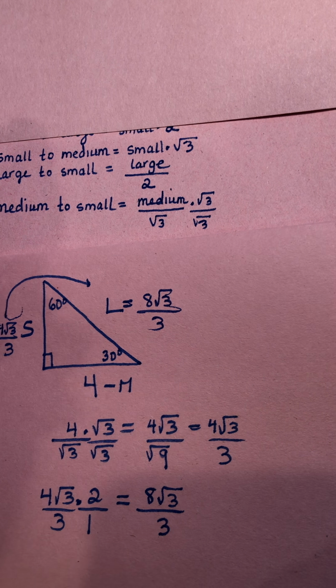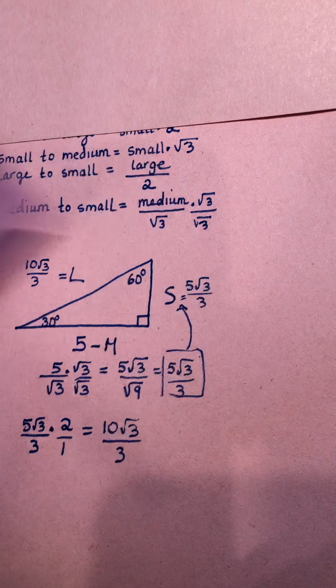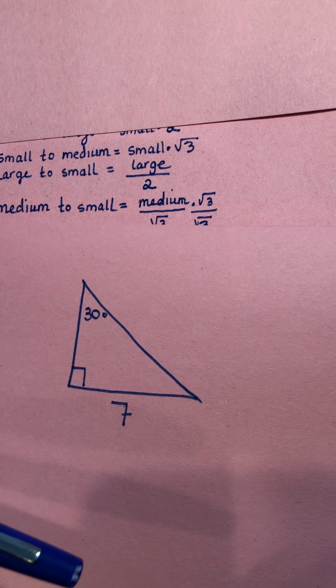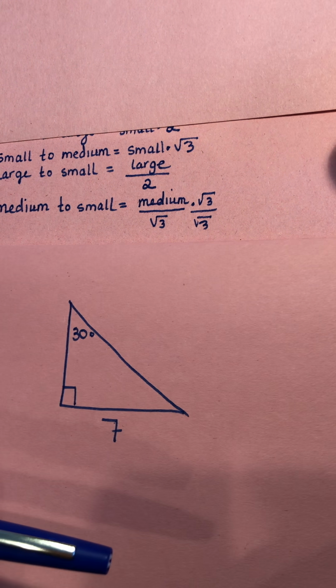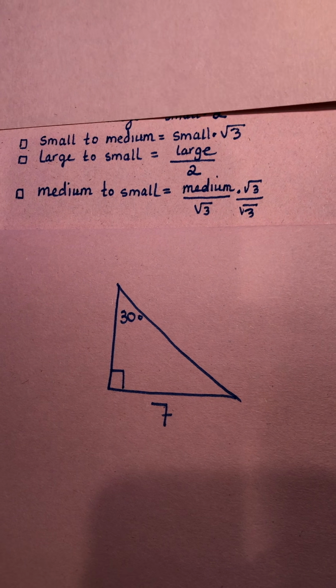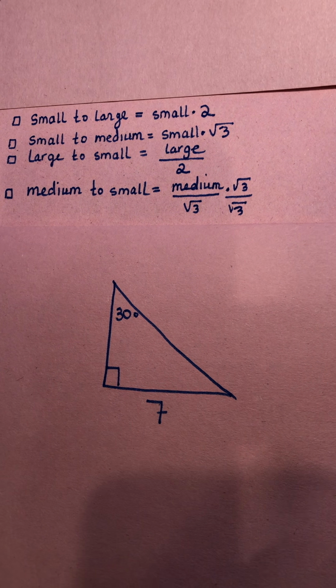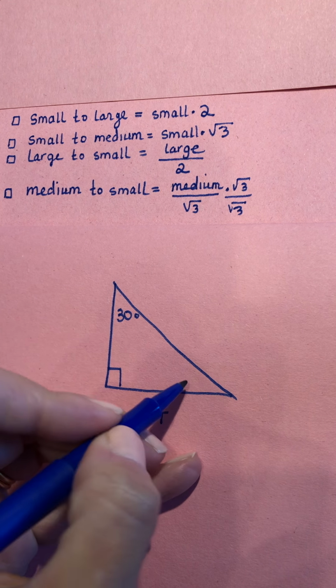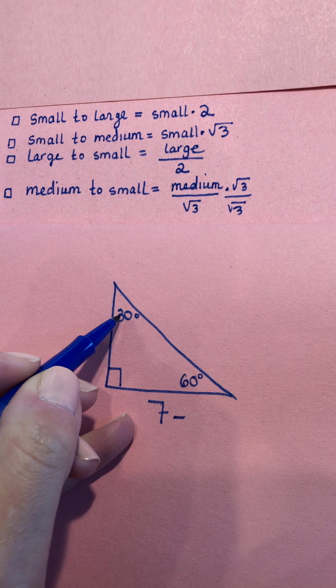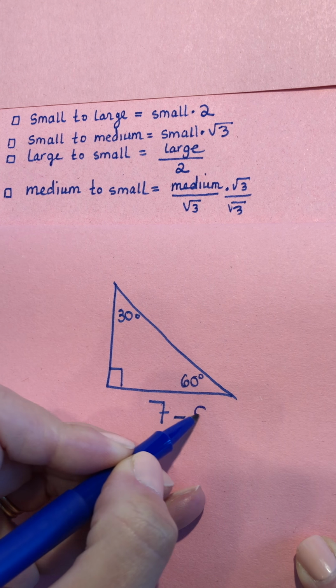I'm going to do one last easy example. I saved this for the end. And this is my favorite type when you are given the small side. I think those are the easiest. So sorry, let me just rearrange my diagrams here. And in this case, again, this is my 60-degree angle. And this is an easier problem because I'm given my small side.